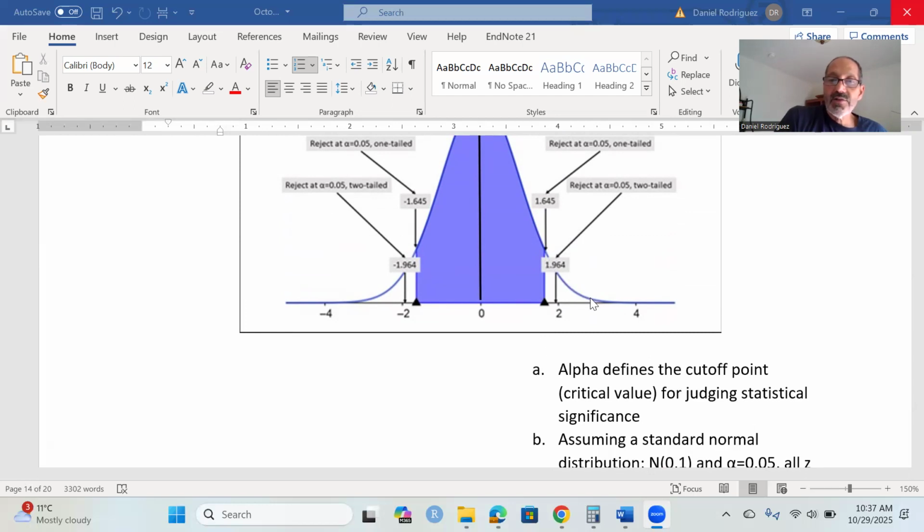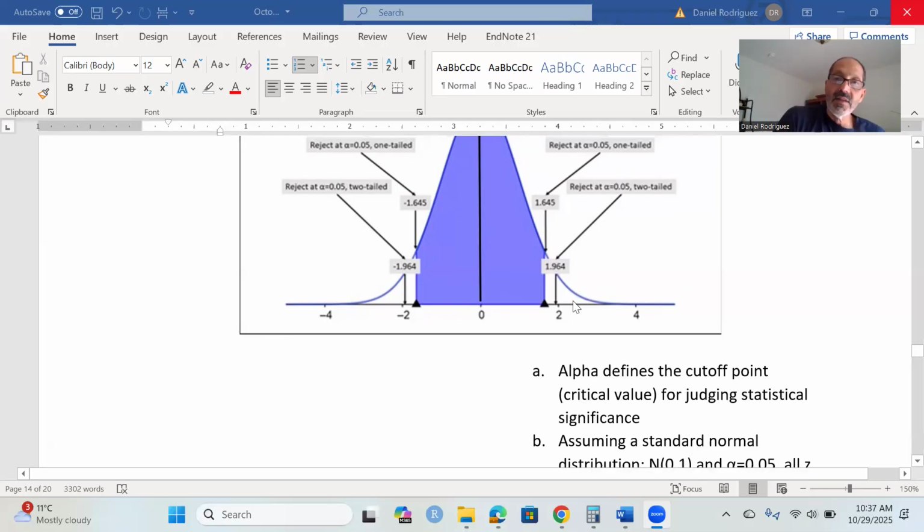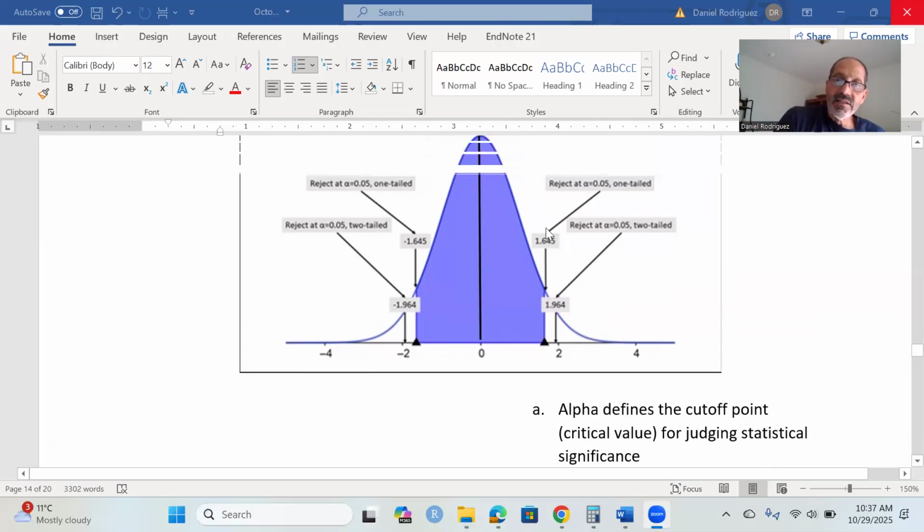So our alpha, our 5%, would be out here, representing the upper 5% of the distribution. And here's the mean. Any value further than that cutoff would be considered statistically significant because we'd have a probability of a value that large or larger being less than 5%. Our cutoff here would be 1.645 because this cuts off the upper 5% of the distribution.